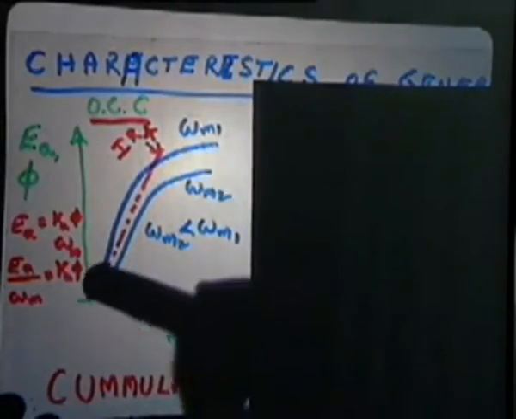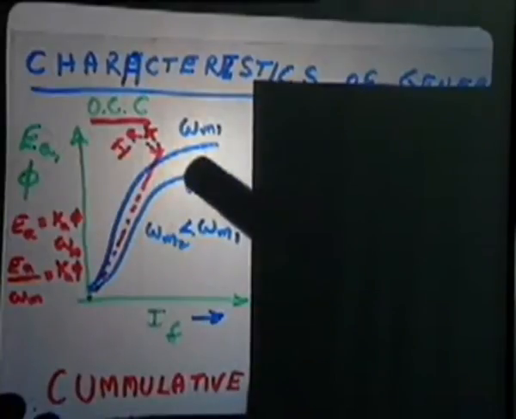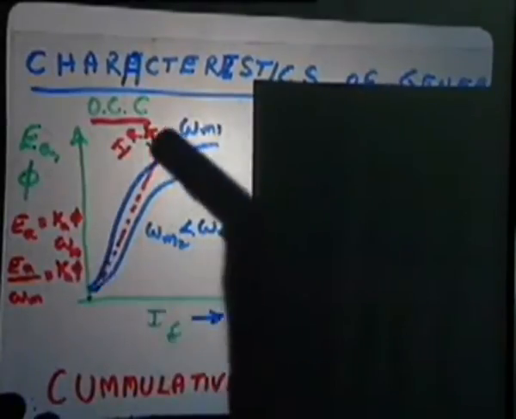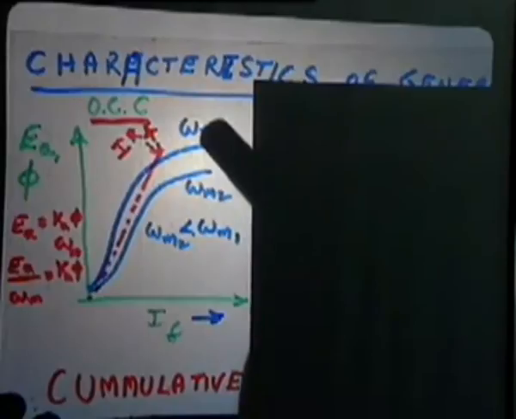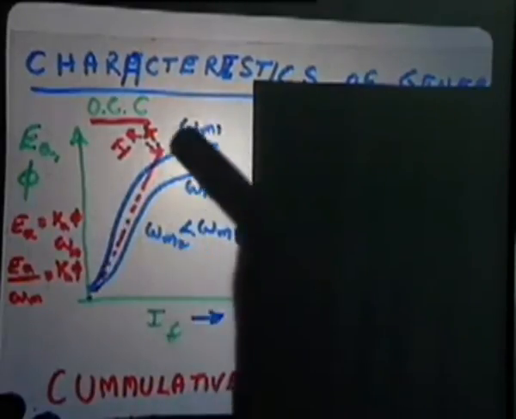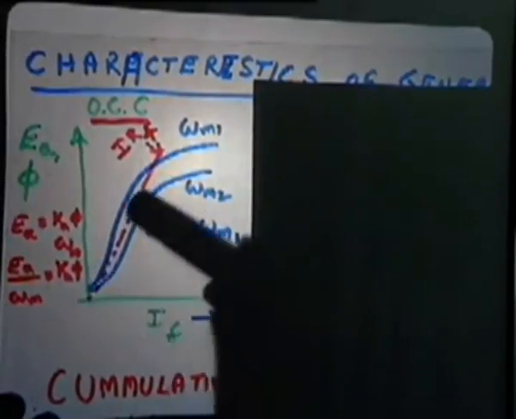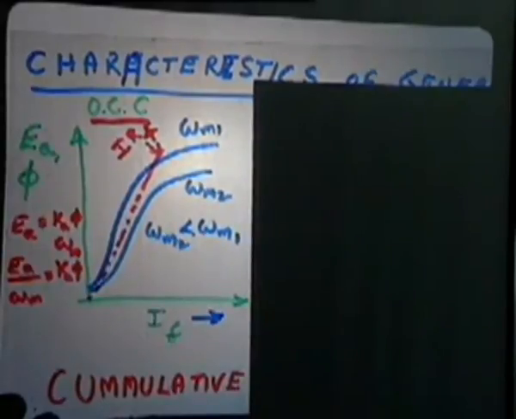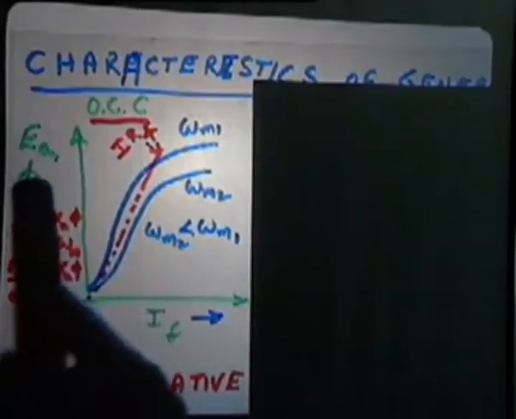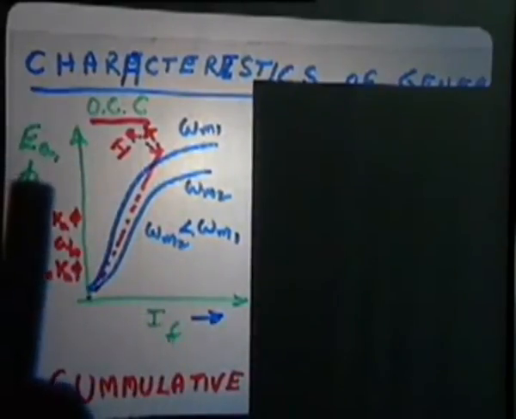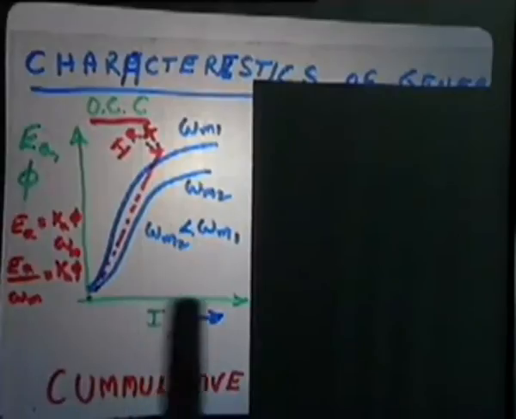If you run it at one speed, it will induce a voltage. If you run it at a higher speed, it will induce another voltage. So omega m1 is the top characteristic, and omega m2 is the bottom characteristic. This is the open circuit characteristics, which is important. This is the magnetization characteristics, which gives you the variation of the flux of the field.